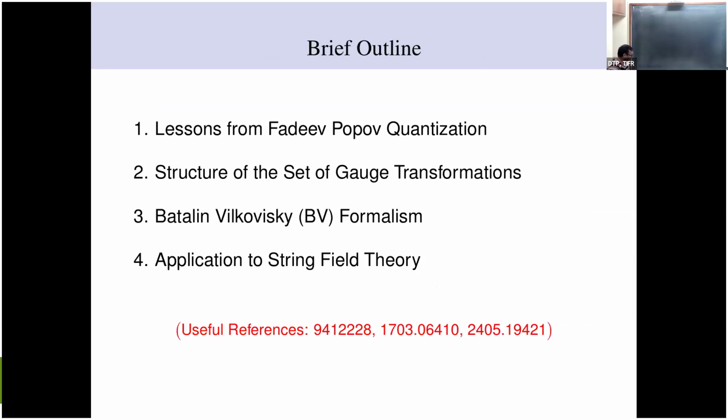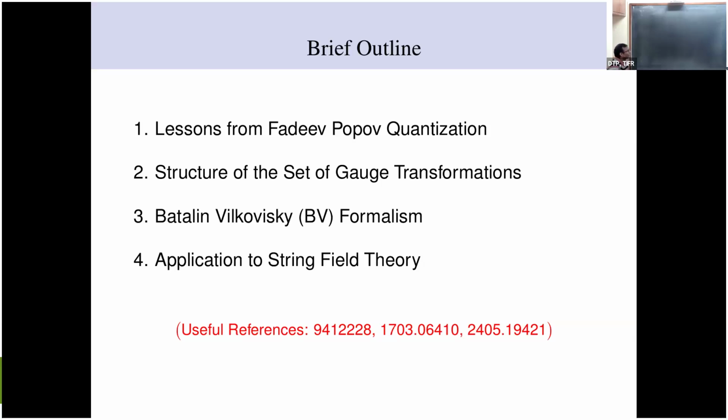Okay, so this was our brief outline. We covered this first part. Since string theory has a very rich gauge structure, we need a formalism where we can quantize a very generic gauge theory. The standard Faddeev-Popov method is not very useful in this regard.